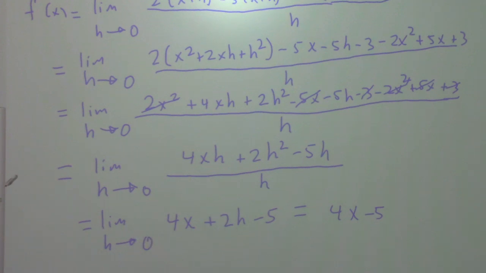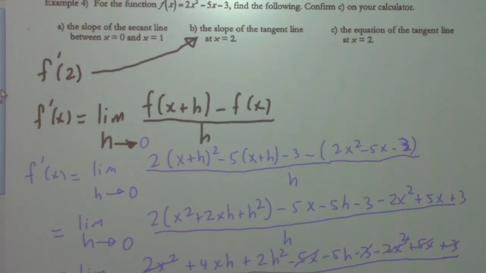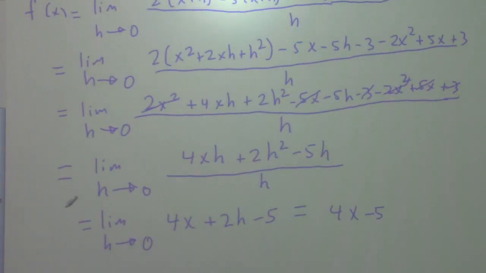And so are we done with this? Just about, right? So at x equals 2, we'll put f prime of 2 is going to be equal to what? 4 times 2 minus 5, which is 3.